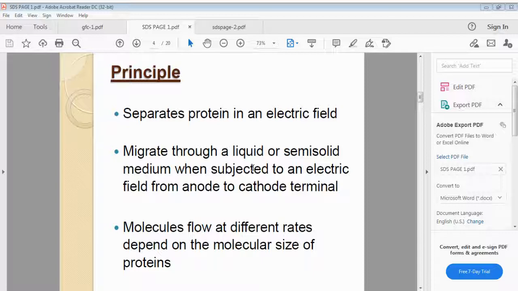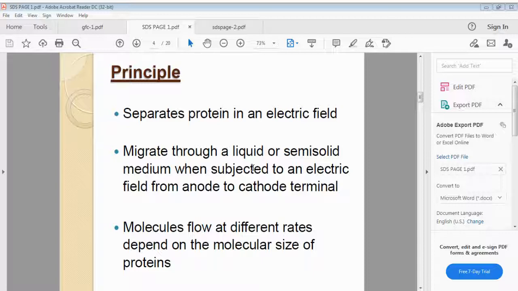Some kinds of molecules or some principles use the difference in the sizes, for example, gel filtration chromatography. Here in SDS-PAGE electrophoresis, the separation of molecules purely depends upon the difference in the charges, not based on the sizes. Based upon the sizes, they will be able to move through the gel, or they get trapped in the gel.